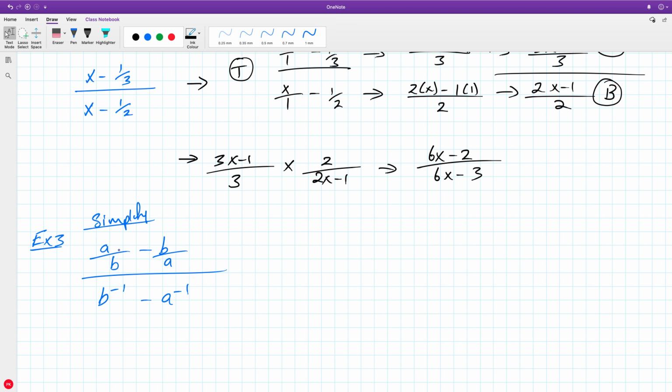Yeah, 1 over b and 1 over a. Like if we had 3 to the power minus 1, if you fire that at your calculator, it's actually 1/3.